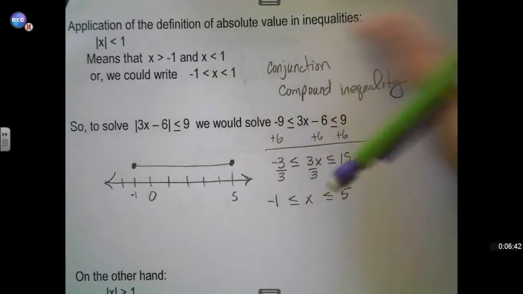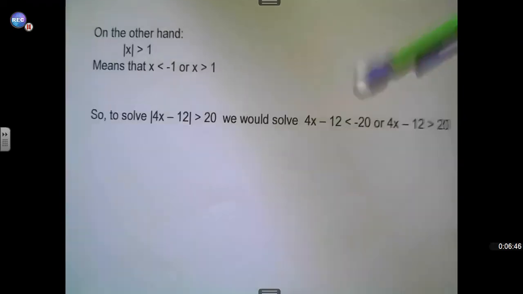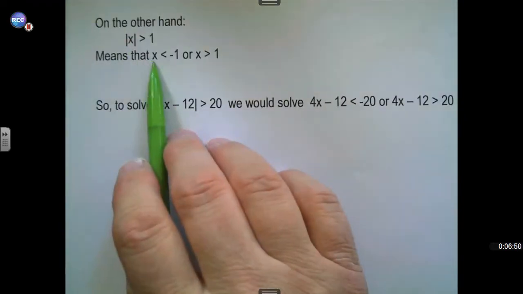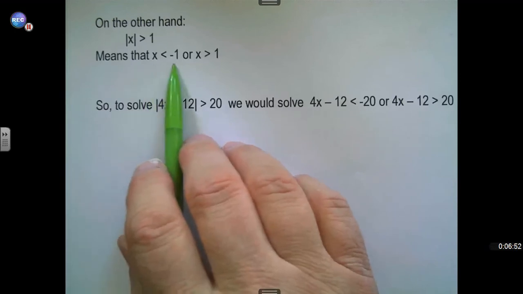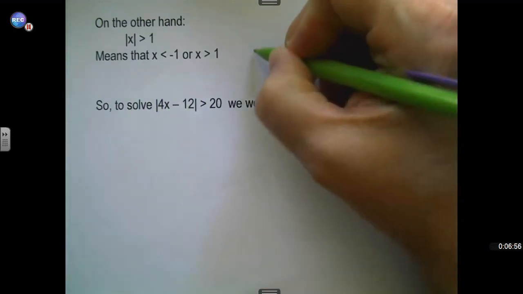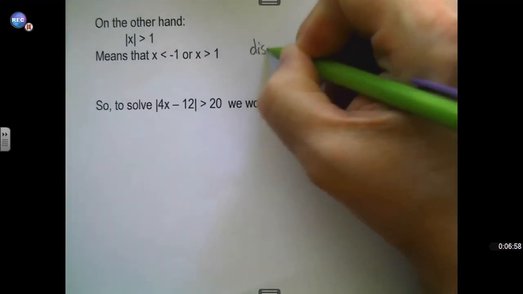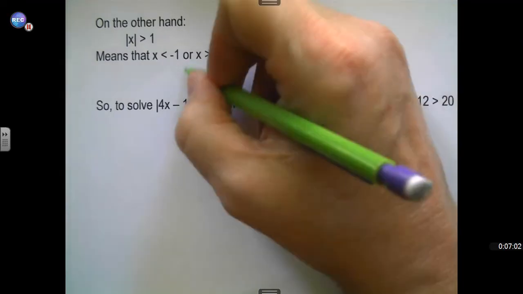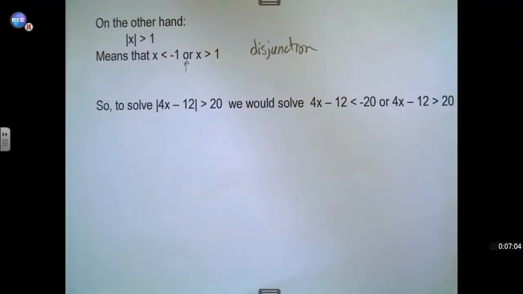Here's how we apply the definition of absolute value to a greater than problem. If the absolute value of x is greater than 1, then x is less than -1 or x is greater than 1. So what we're doing is writing this as a disjunction. It becomes an OR problem.